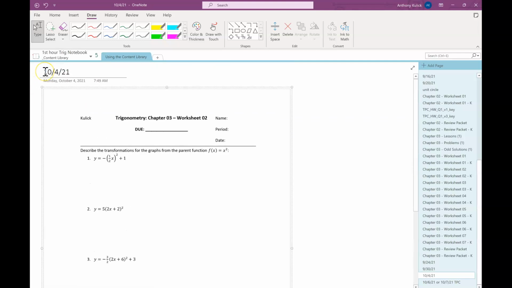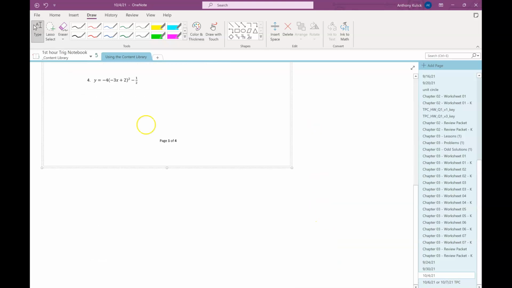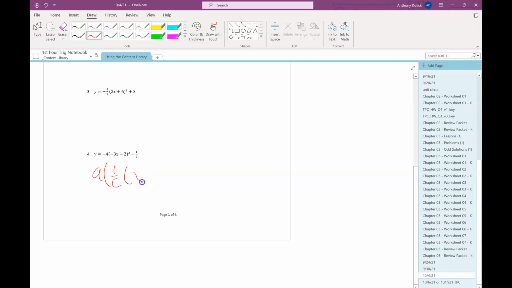Okay. So it says to just describe the transformation for the graph where the parent function is x squared. So if I look at this, I'm looking for my values for A, H, and K, where they look like this.